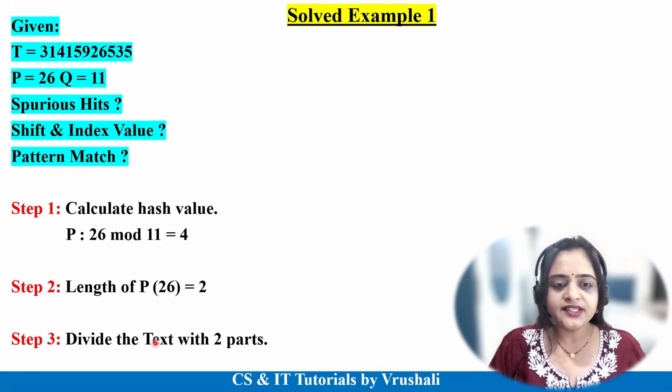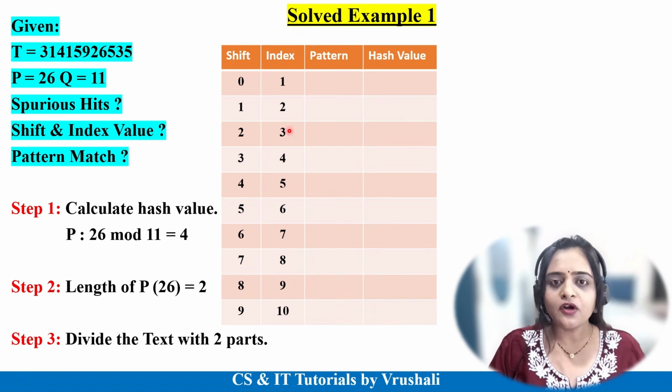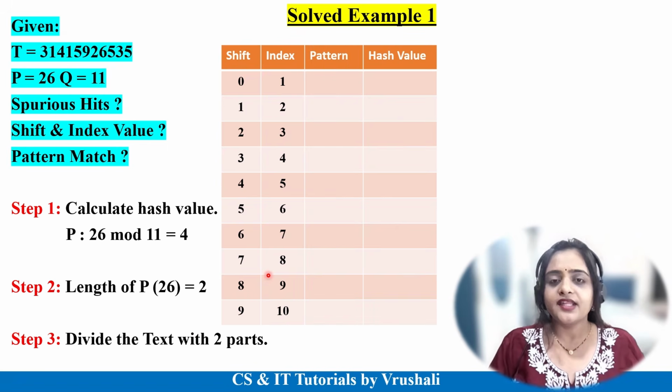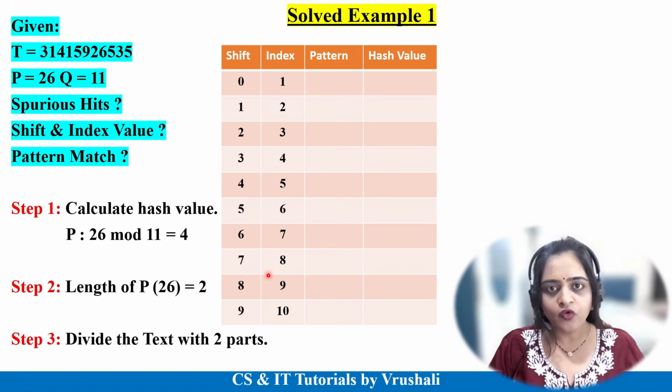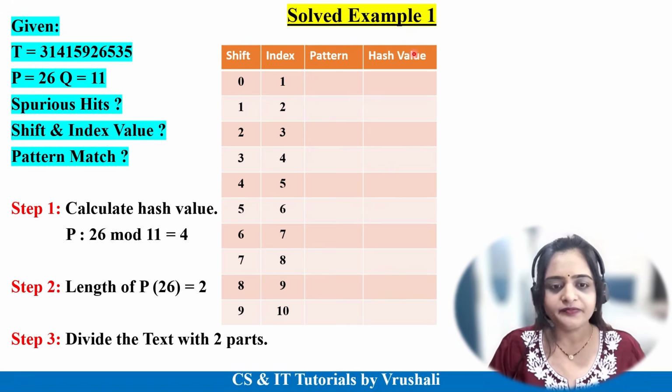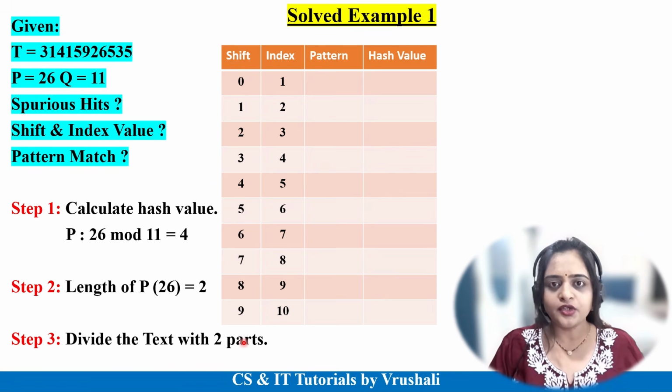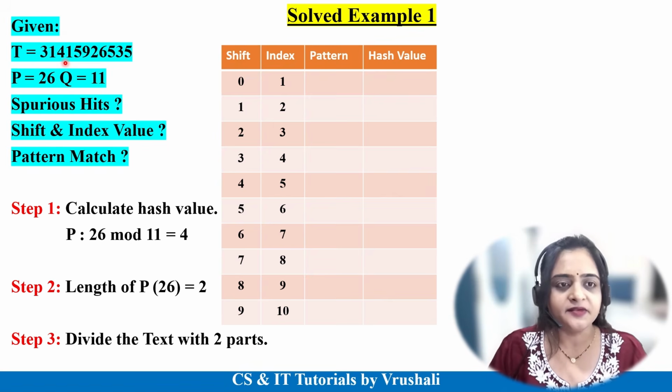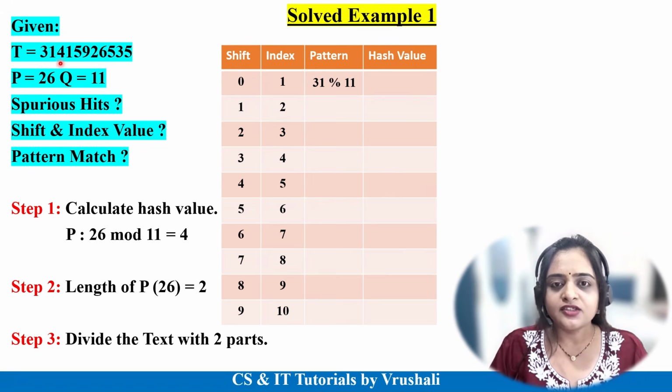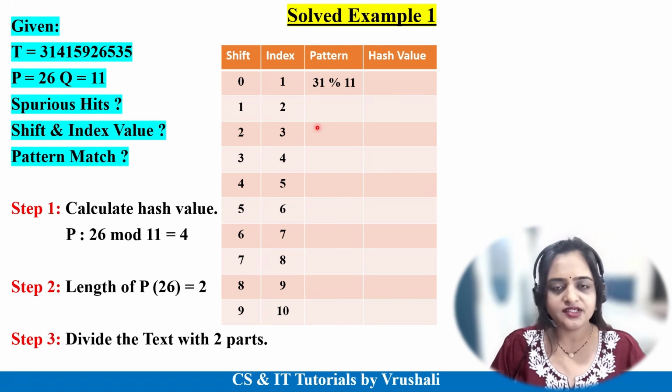Now, for solving this step 3, you have to draw this particular table. This table contains a total of 4 columns: shift, index, pattern and hash value. Now, the step is to divide the text into two-digit parts. So how to divide? See, this is your given text, right? Which one is the first two digits? 3 and 1. So mention here 31 mod 11. The same hash formula is used.